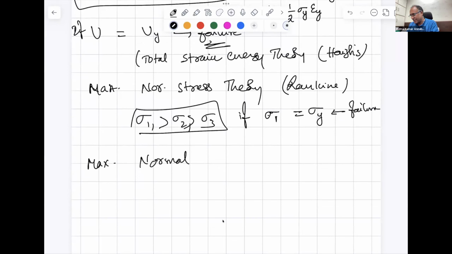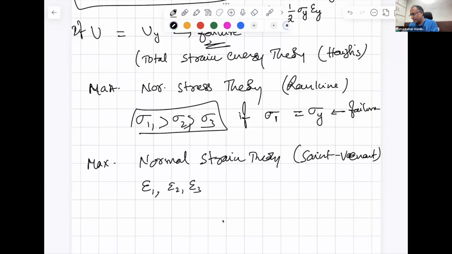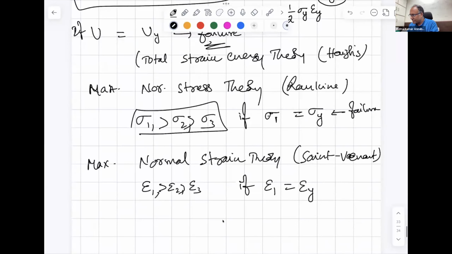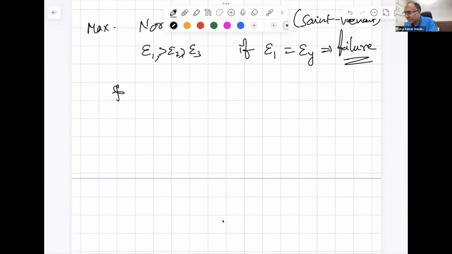The maximum normal strain theory is called Saint-Venant theory. It says that if my principal strains are epsilon 1, epsilon 2, epsilon 3, with epsilon 1 greater than epsilon 2 greater than epsilon 3, and epsilon 1 is equal to epsilon y, this guy, then that implies failure.